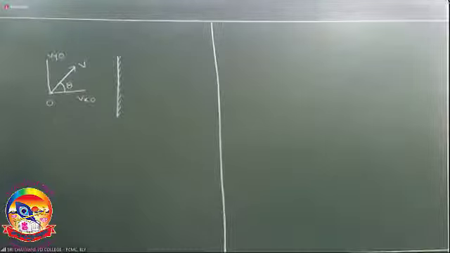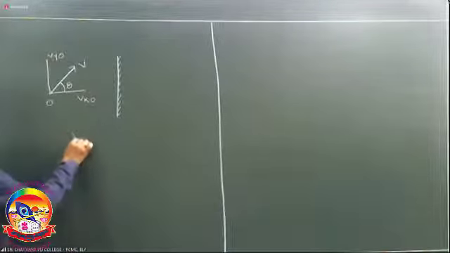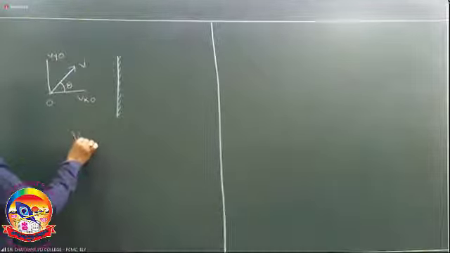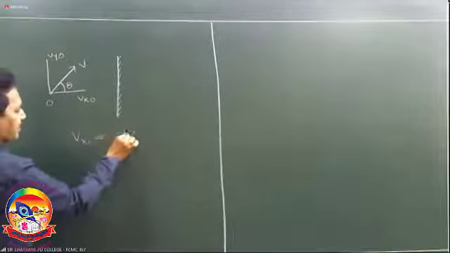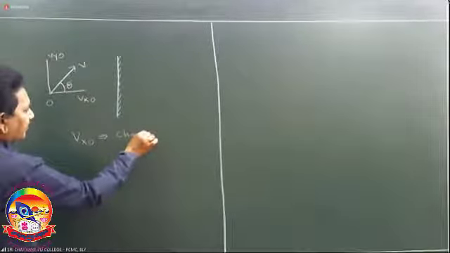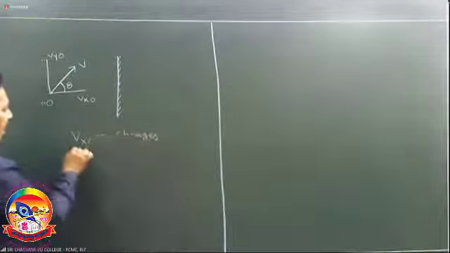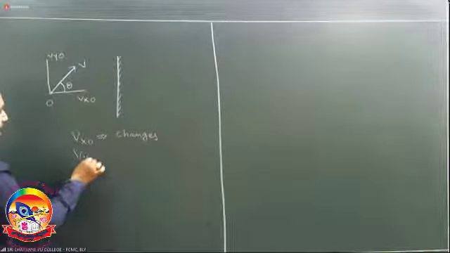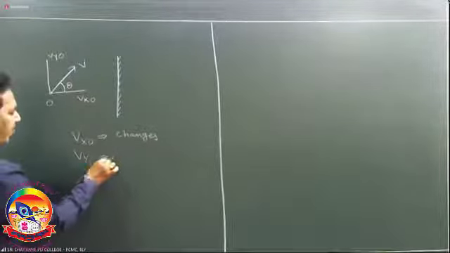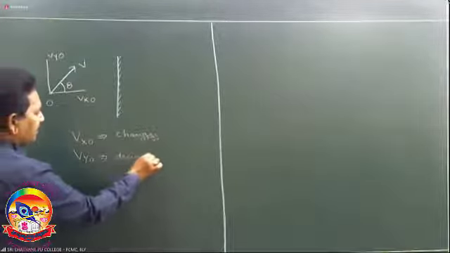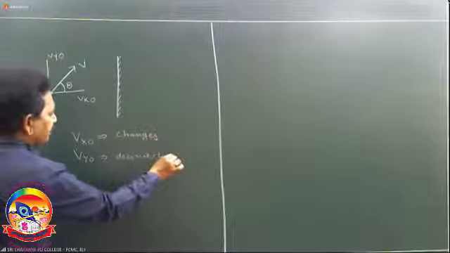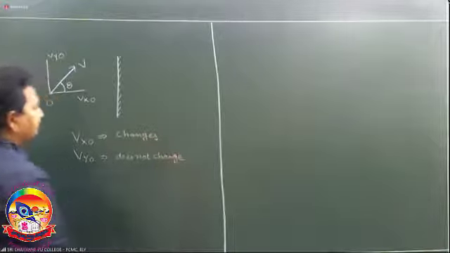This is an important concept, already discussed yesterday. Velocity of the object perpendicular to the mirror changes. Velocity of the object along the y-axis does not change; it remains the same.